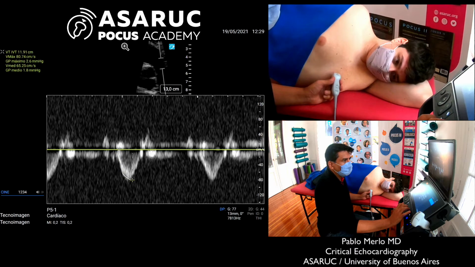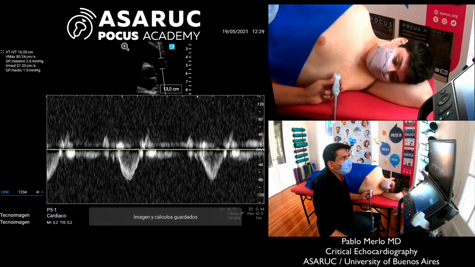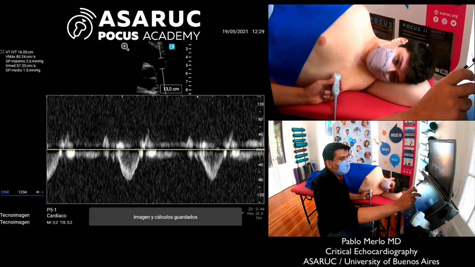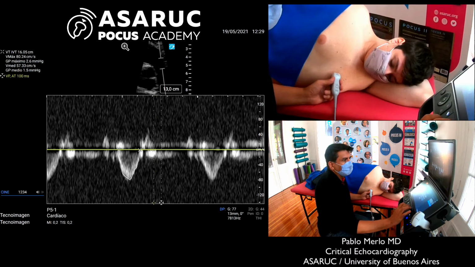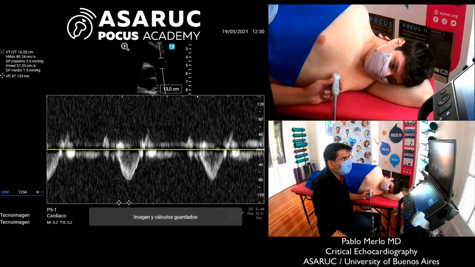We're now tracing the pulmonary valve flow velocity pattern. Note how the machine obtains the pulmonary valve velocity time integral, or VTI, which is 16 centimeters.